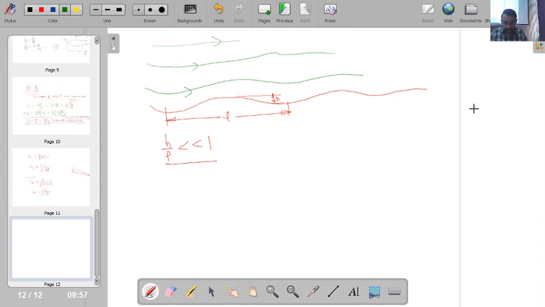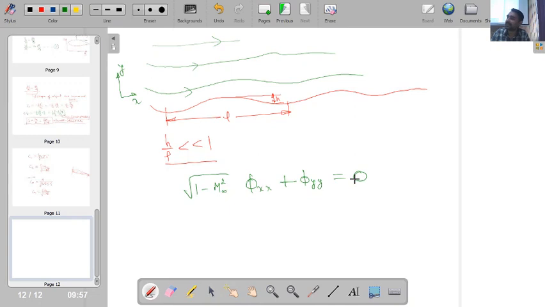Now we know the equation for this. It is in the xy plane, because I am dealing only with the xy plane. So in the xy plane, the equation is (1 minus M infinity square) into phi xx plus phi yy is equal to 0.